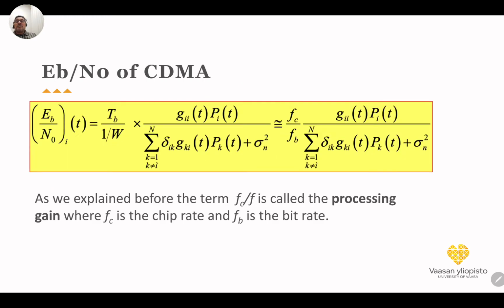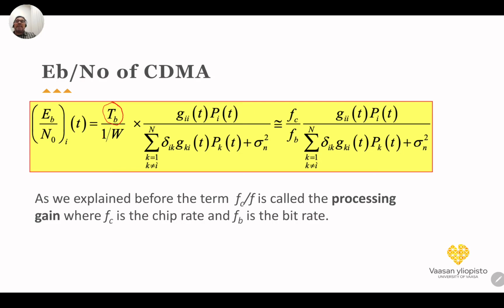In order to compute Eb over N0, as we saw before, the probability of error is determined by Eb over N0, not only by the signal to noise ratio. We saw before that this can be achieved by multiplying by the transmitted bit duration divided by 1 over the bandwidth of the channel.